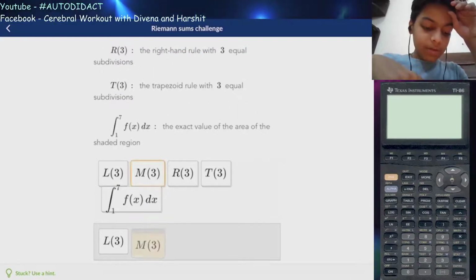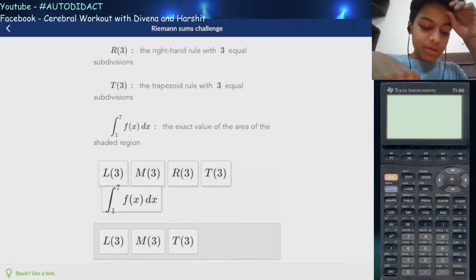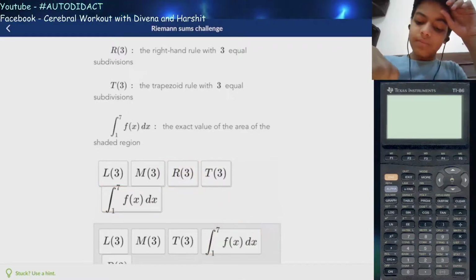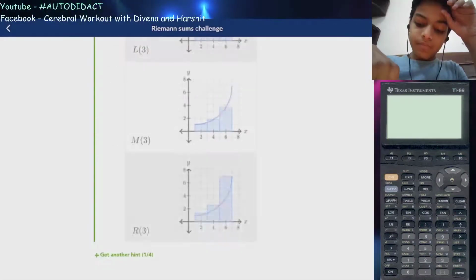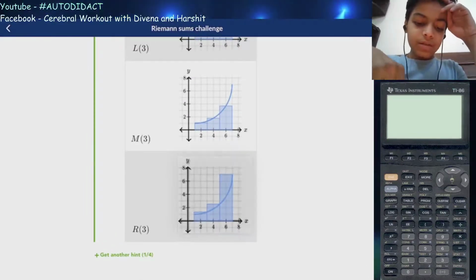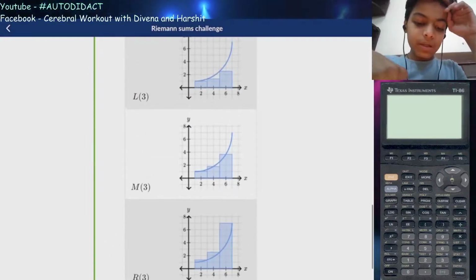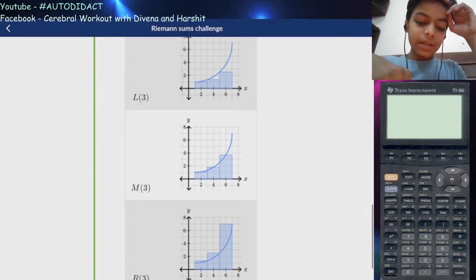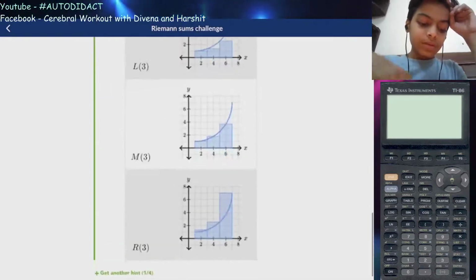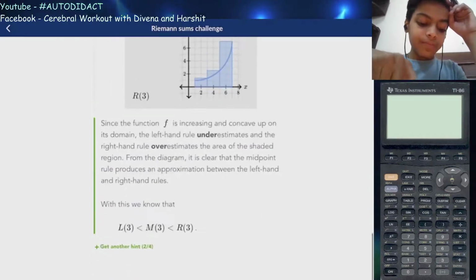Let's just see. This one is R of 3, it's certainly bigger. M of 3 is smaller than the actual one. The real one we already know.